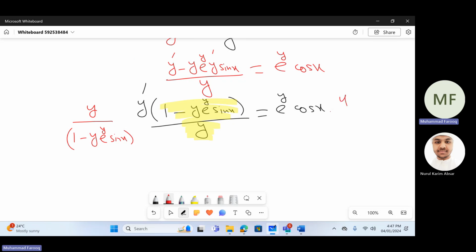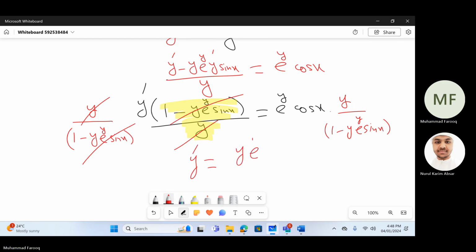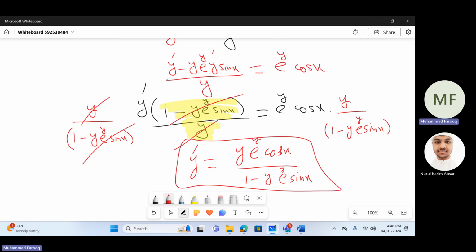I think you understand now. So what happened? This cancels. So we have only y prime, which is equal to y e^y cosine x divided by 1 minus y e^y and sine x. I hope you understand now.